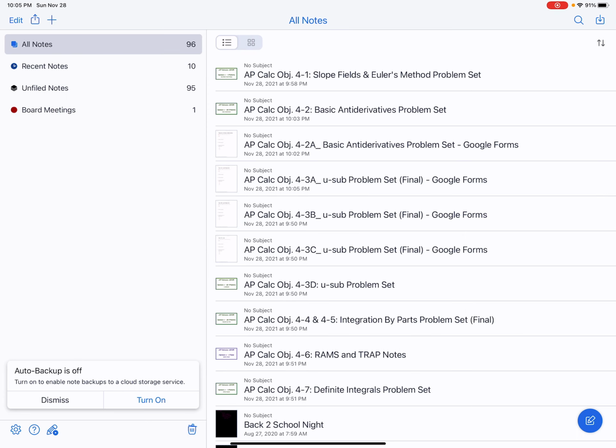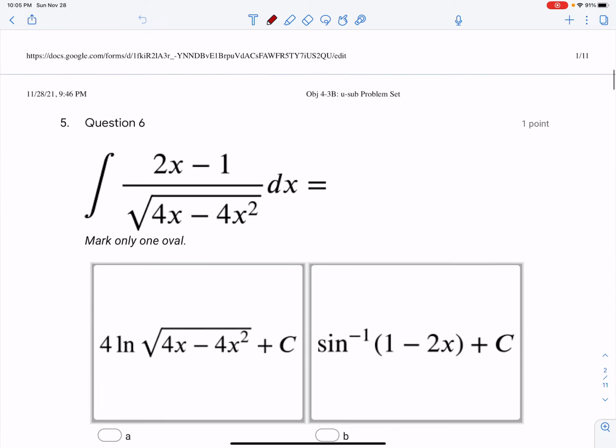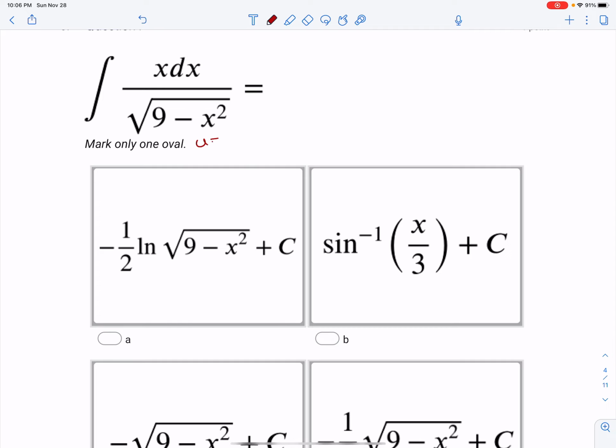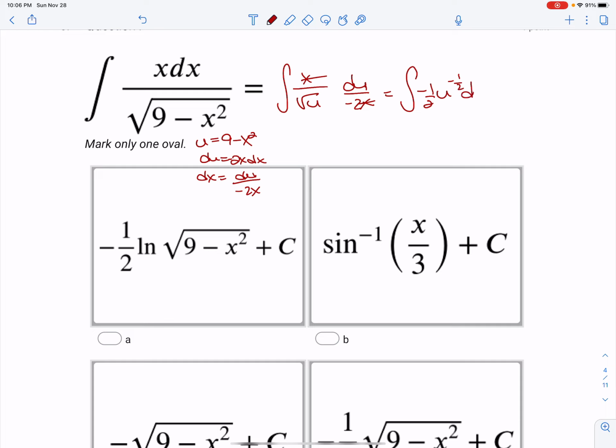So we did question 3, so I'll skip the first one in this one, and then we'll go to the next one. Just keep alternating questions. So u is equal to 9 minus x squared, so du is equal to negative 2x dx, so dx is du over negative 2x, so this is x over root u du over negative 2x, the x's cancel out, so this is the antiderivative of negative 1/2 u to the negative 1/2 du, so negative 1, just kidding, getting ahead of myself.